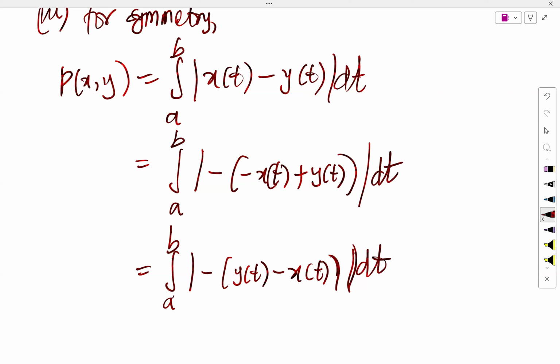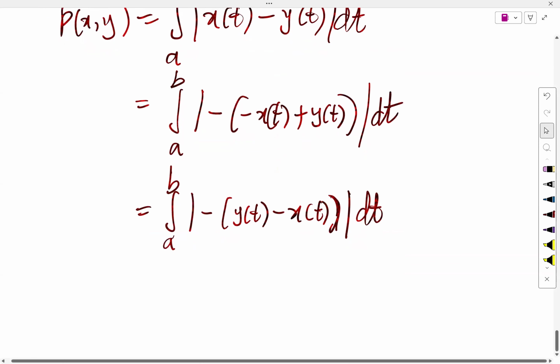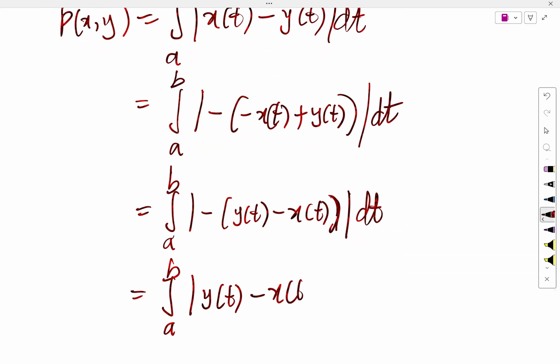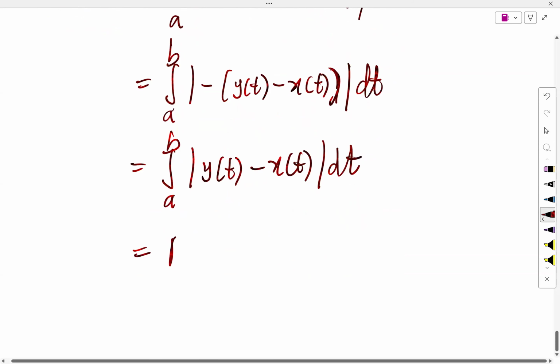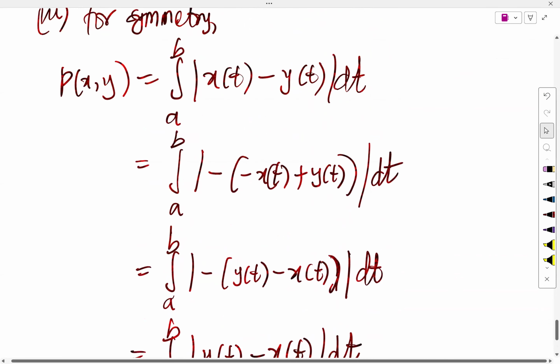And absolute value means that the minus here does not really matter. So we can say that is the integral from a to b of the absolute value of y of t minus x of t dt. So at the end of the day, this is simply the same thing as p of y comma x. So you see now that our symmetry is guaranteed.